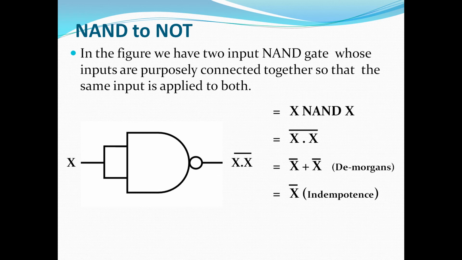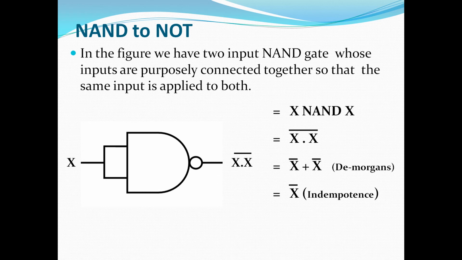The reason is that if you connect them together, you can give only one input, and it will be applied to both inputs. If you give x as input, both inputs will be x. That is how we can implement the NOT operation.